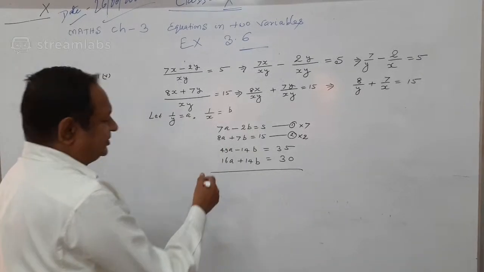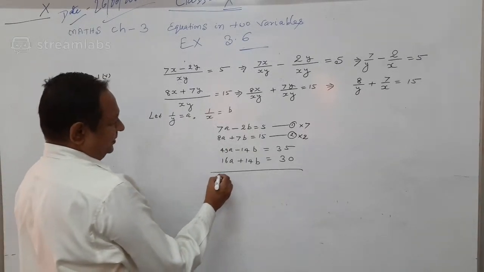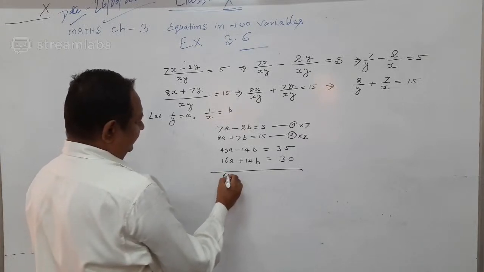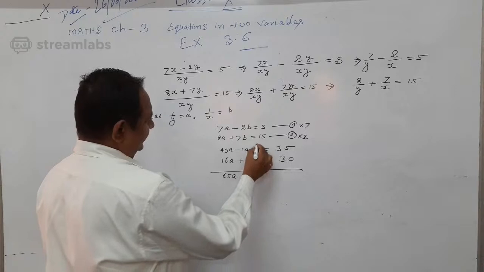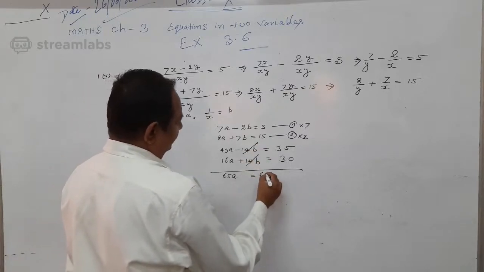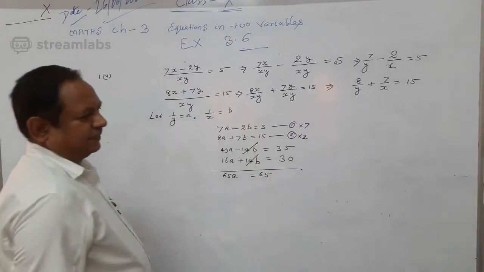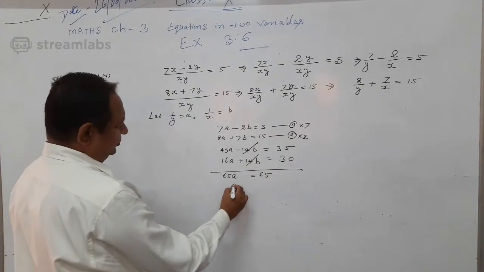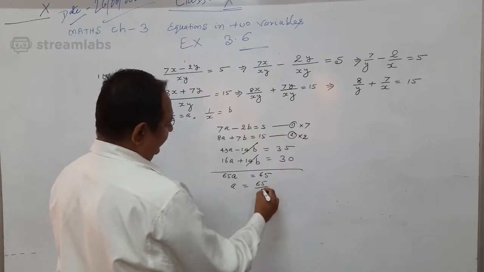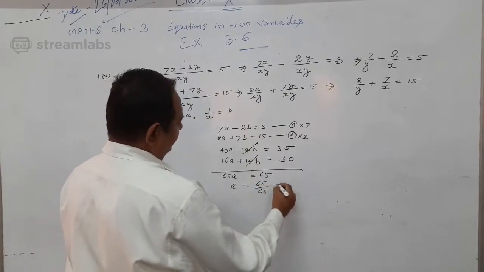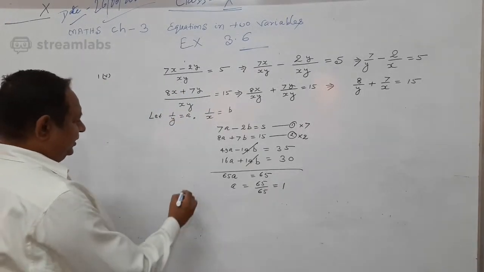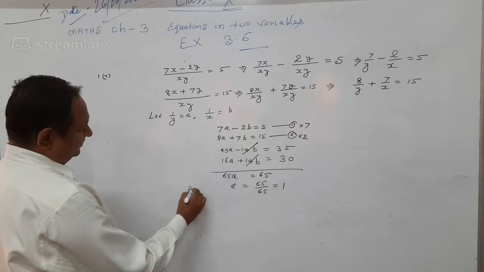So adding these two equations, we get 65a, this is cancelled, is equal to 65. So a is equal to 65 by 65, that is 1.